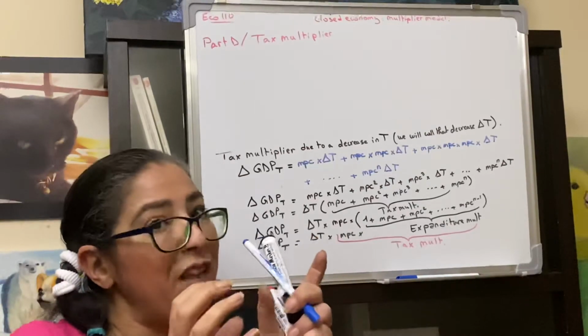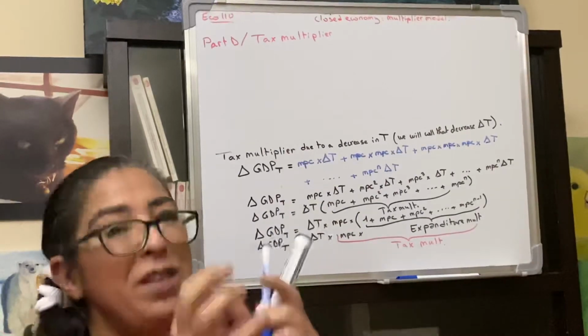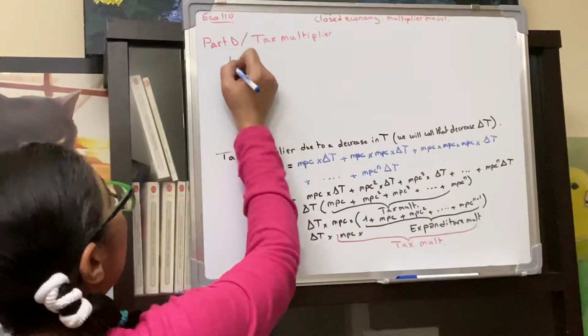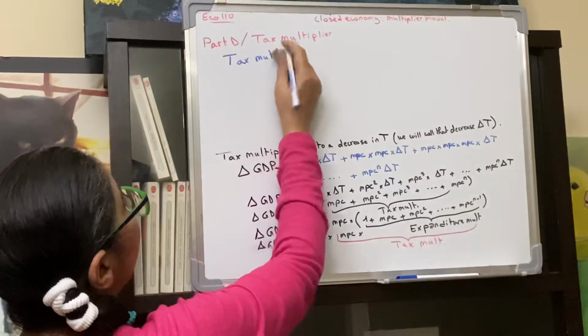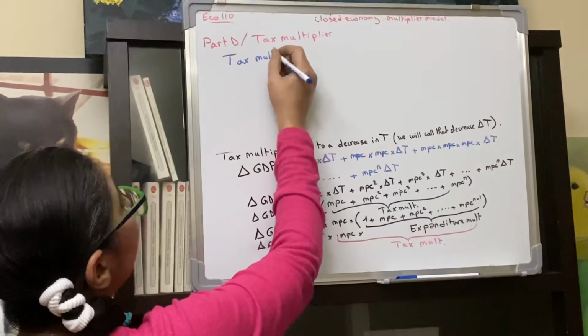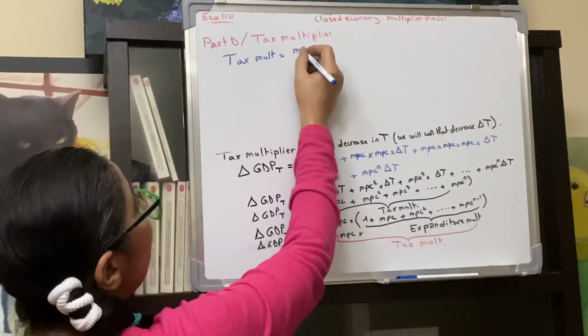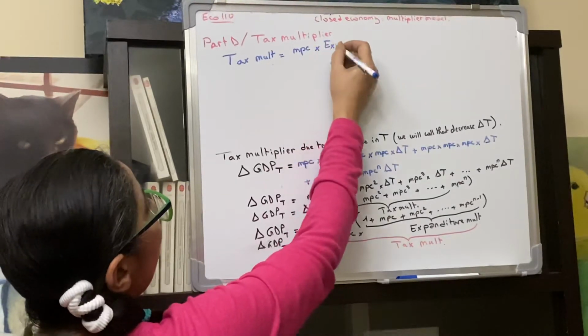Part of that change is going to go to savings, so it's out. We only start with MPC of the change. You got it? Okay, tax multiplier is equal to MPC times the expenditure multiplier.